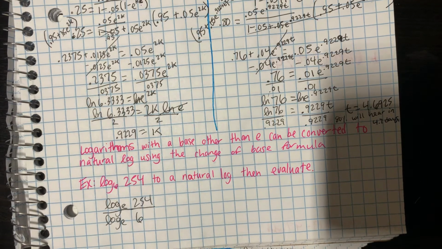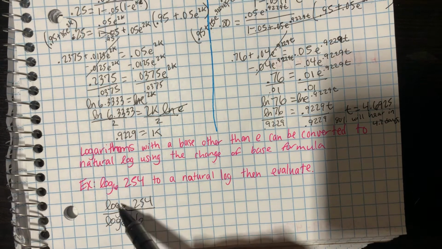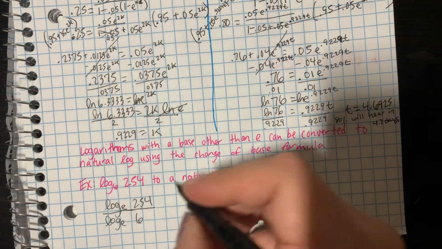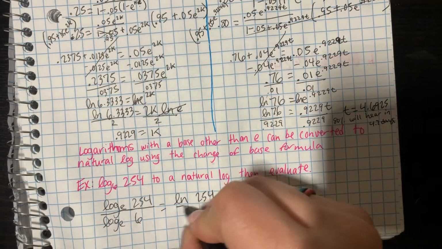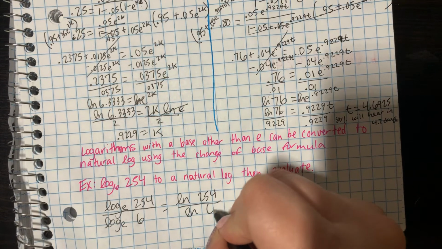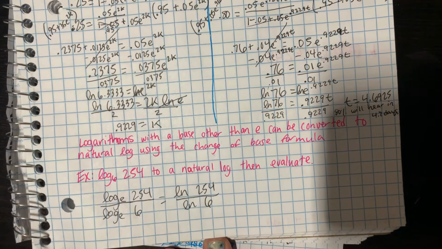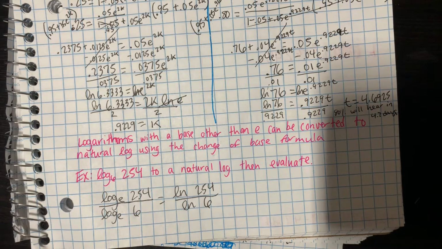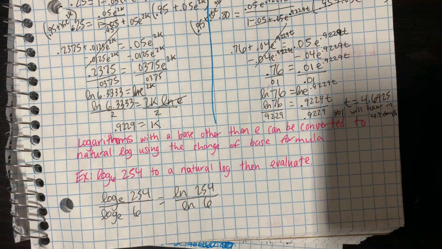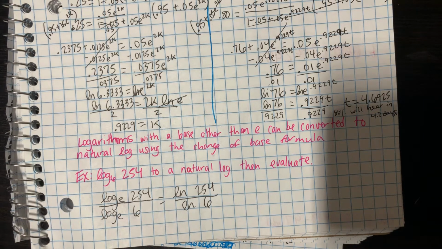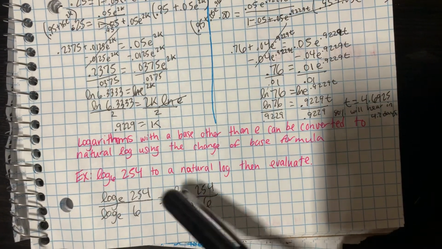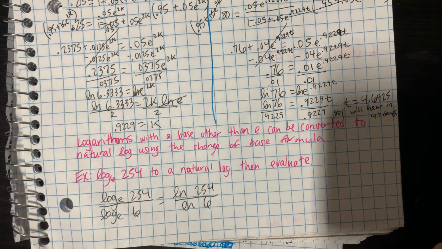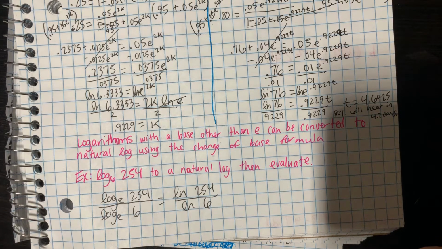We know that log base e is just ln, so we can do the ln of 254 divided by the ln of 6. Just a heads up, I learned change of base and did that a lot with log base 10. In calculus, I've noticed this year that a lot of it is done with ln. So just get comfortable working in ln because it's something that they do in calculus a lot.